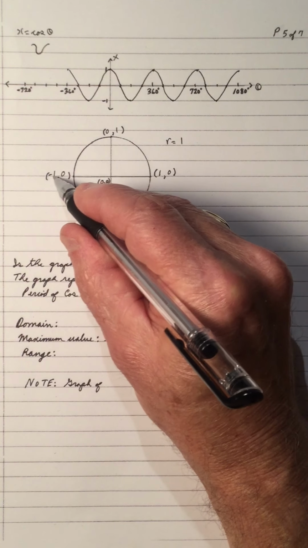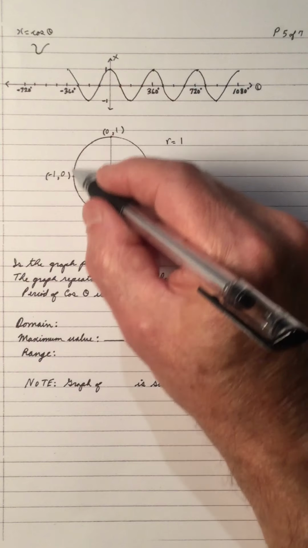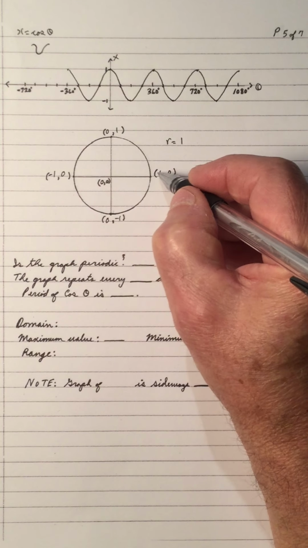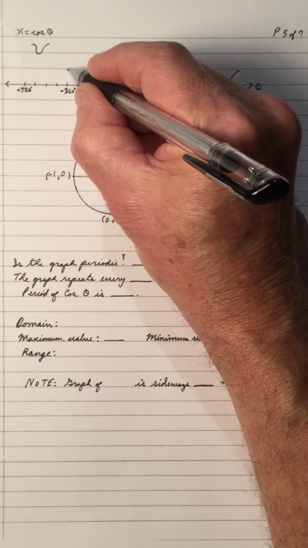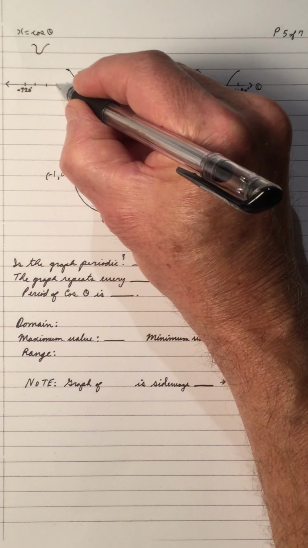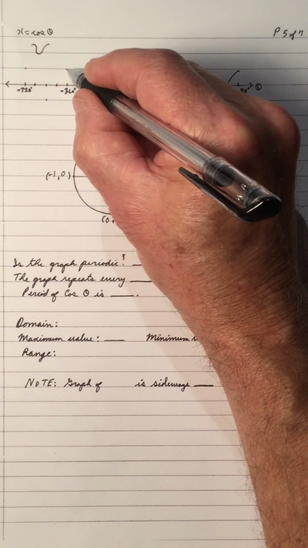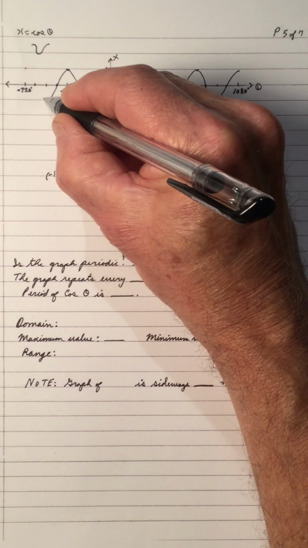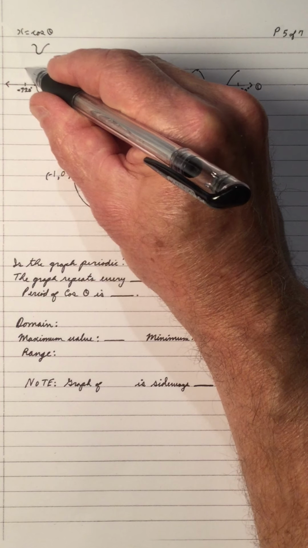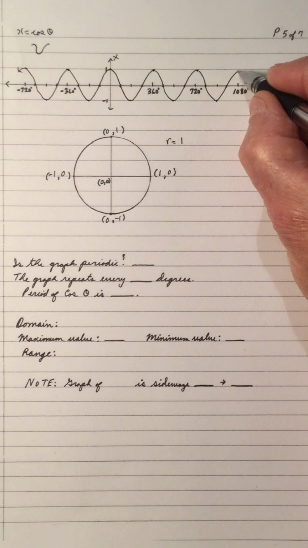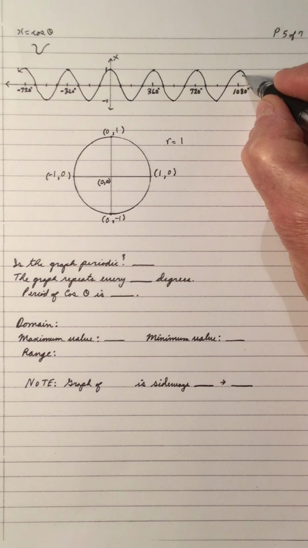There's the -180, which is -1. And there's the -270, which is 0. And there's the -360, which is 1. So you go 0, -1, 0, 1. And this keeps on going, and this starts to go down here. I put the arrow on it.